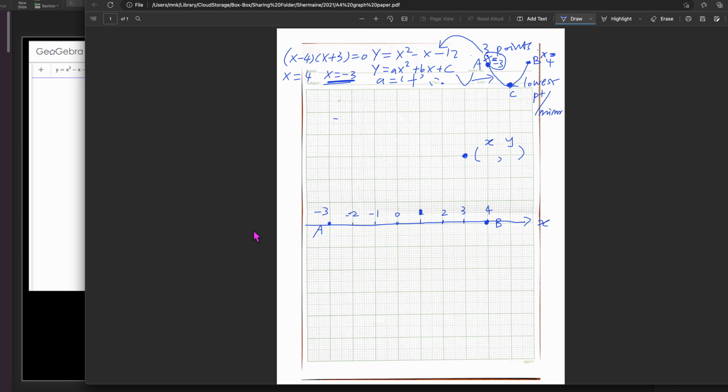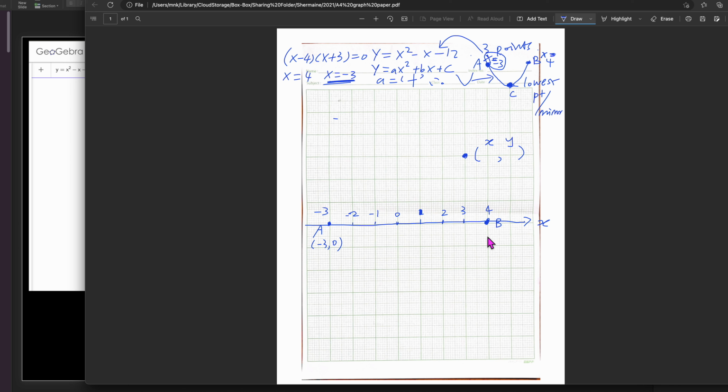Negative 3 squared, but you need a bracket. Minus 3, you can put a bracket. Minus 12. 0. Okay, 0. Good. So your point A, you can note it down as negative 3, comma 0.